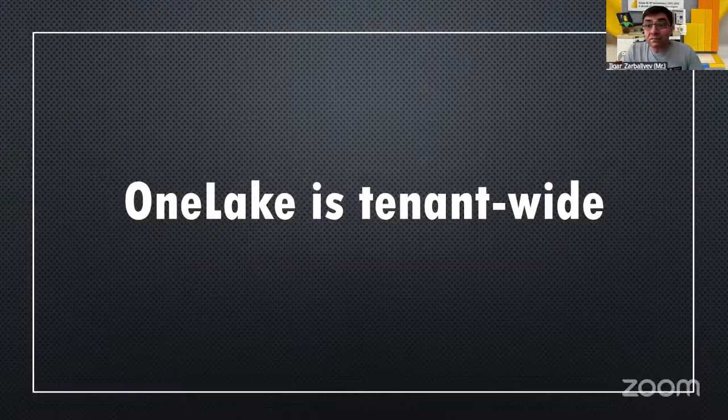Now, let's look at one of the most important characteristics of OneLake. It's a tenant-wide data lakehouse. When Microsoft Fabric is enabled for your organization, OneLake is automatically created and made available across the entire tenant, right? There is no need to provision separate storage accounts or perform additional configuration.